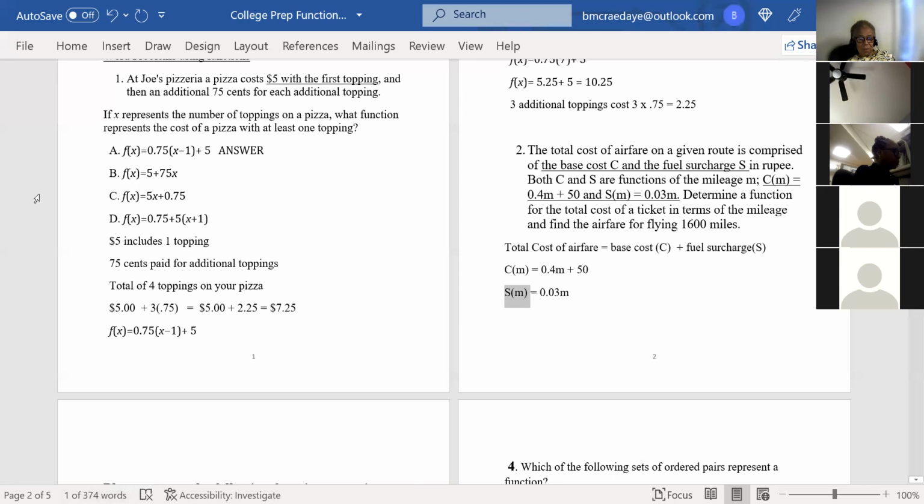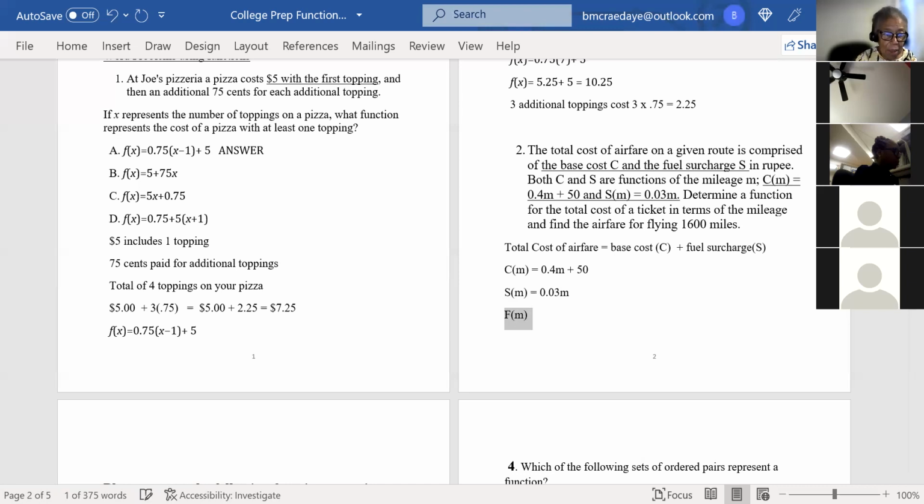So the function of the total cost is going to be equal to the sum of these two, right? So the function of the total cost, I'll just say F of M, where F of M is really the total cost. I'm translating these words into a function.